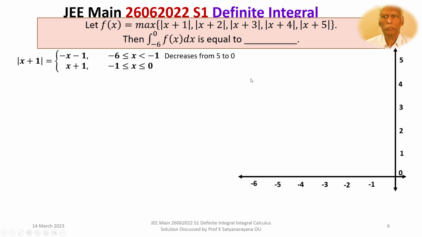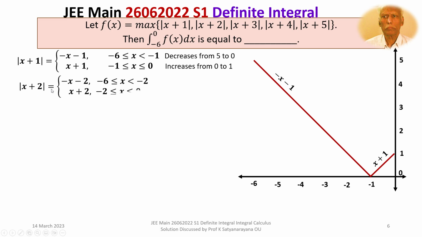Then it increases from 0 to 1: if you put x equal to minus 1, it is 0, and if you put x equal to 0, it is 1. So when increasing, it is x plus 1; when decreasing, it is minus x minus 1. Likewise, the others we draw.